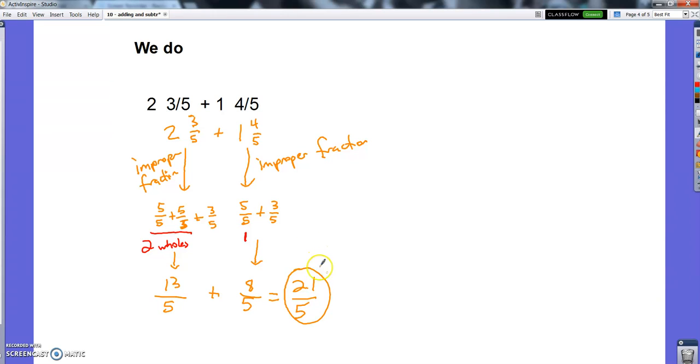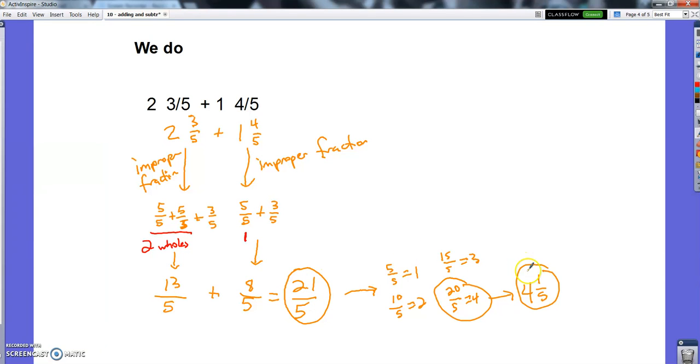If you wanted to turn this back into a mixed number, you could. 5/5 makes 1, which means 10/5 makes 2, which means 15/5 makes 3, which means 20/5 makes 4. So it looks like we have 4 wholes and 1 more fifth. And that'd be okay too. If you like this strategy, it's fine to leave your answer as an improper fraction, unless the question says, please write it as a mixed number.